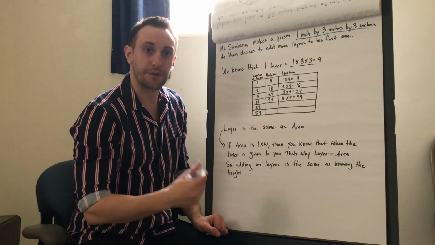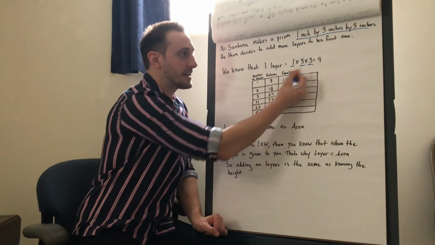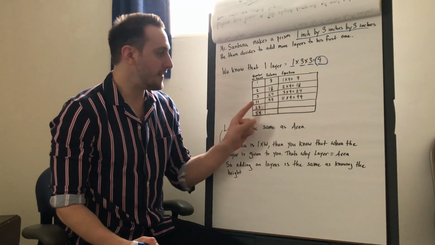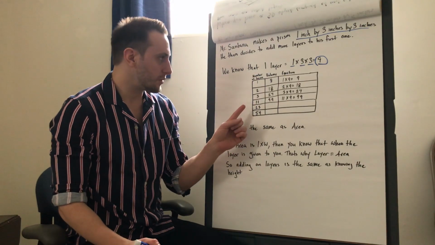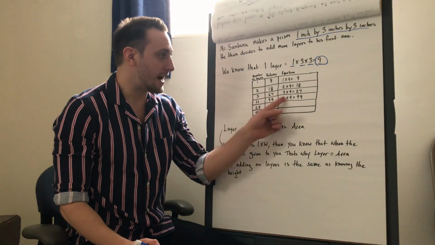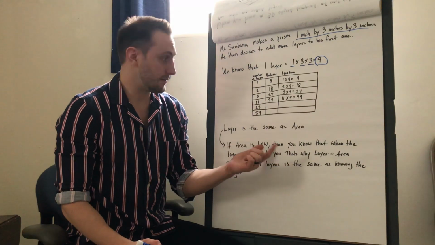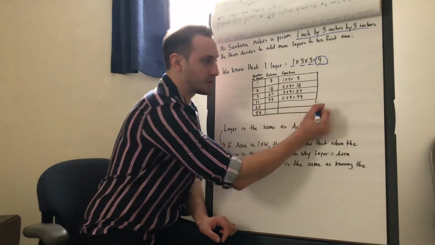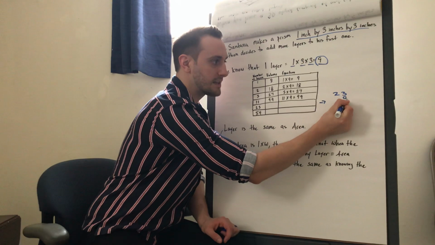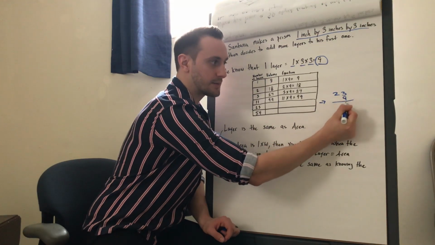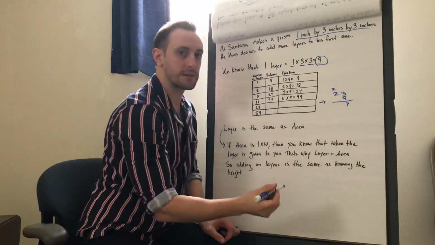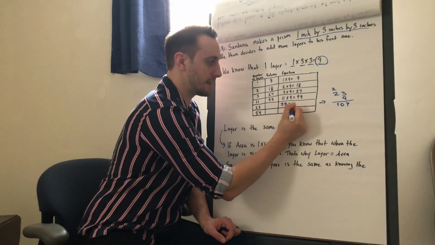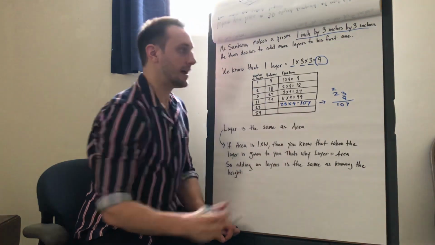Okay, so let's go ahead. What if you wanted to add 3 layers? We do 3 times 9, which is 27. And then what if he wanted to add 11? Well, we do 11 times 9, which is 99. Well, what if he wanted to add 23? So what we're going to do here is 23 times 9, which is 9 times 3 is 27, 9 times 2 is 18, plus 2 is 20, so 23 times 9 equals 207.